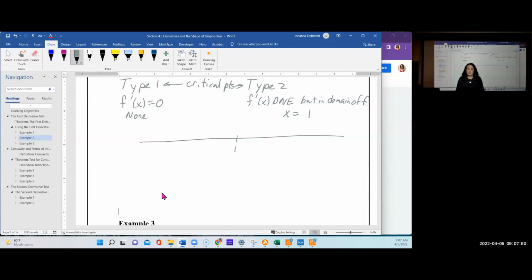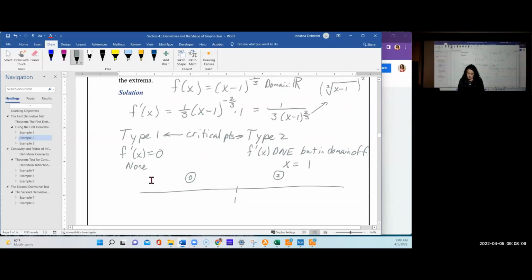A decent number that is to the left of 1 would be 0. And I like to circle my test points. And a good number to the right of 1 would be 2. Okay, so when we're looking at this one, we're just going to test it into the first derivative, and we're really looking for the sign. We are not looking for the actual value.